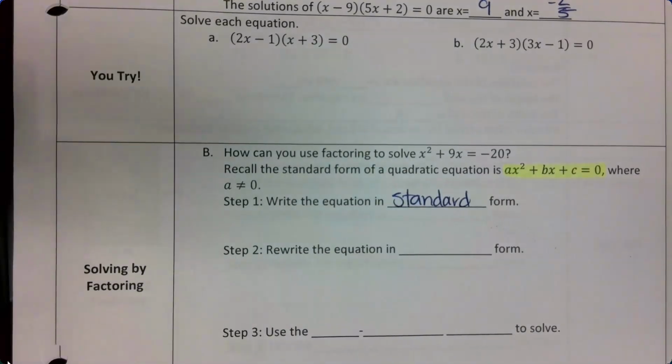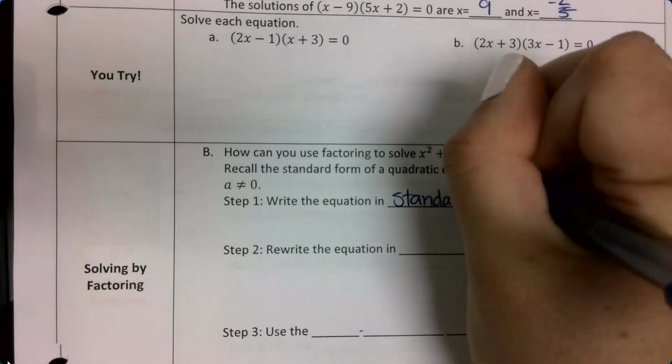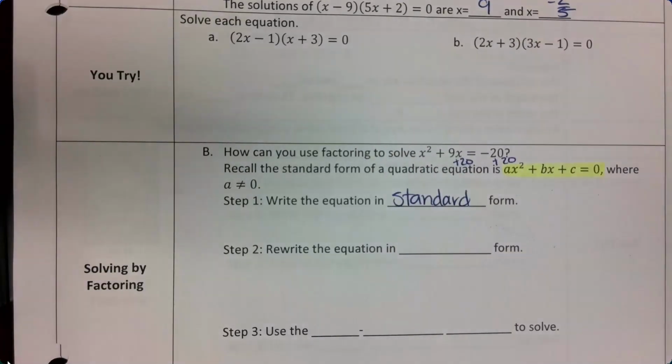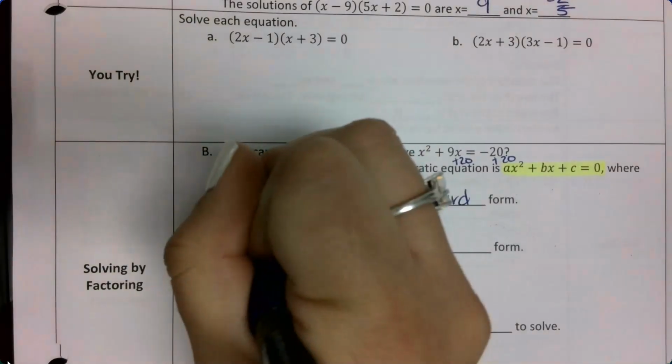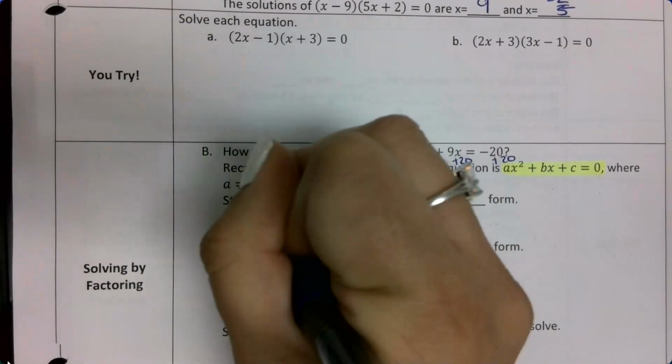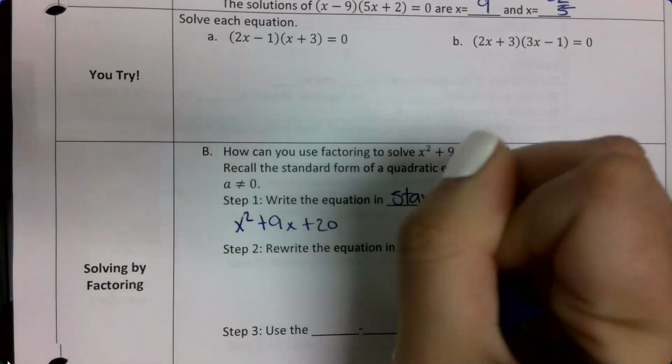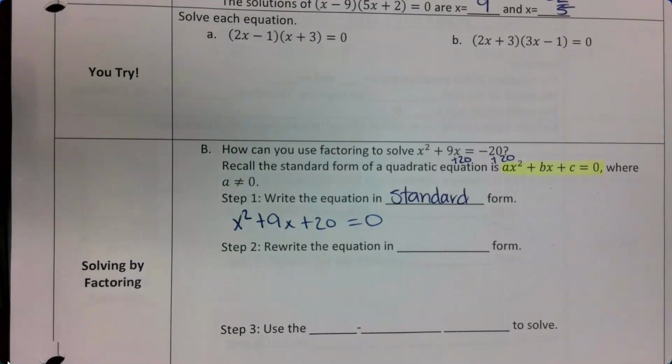So how am I going to write this equation in standard form? Yep. So that's going to give me x squared plus 9x plus 20 equals 0.